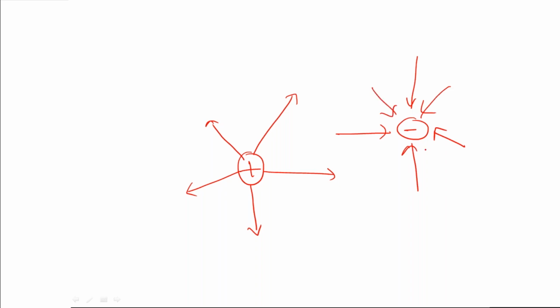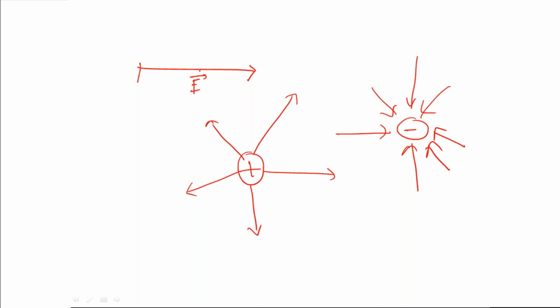Let's discuss again how we represent the electric field. Since it is a vector, it is represented by a line with an arrowhead.